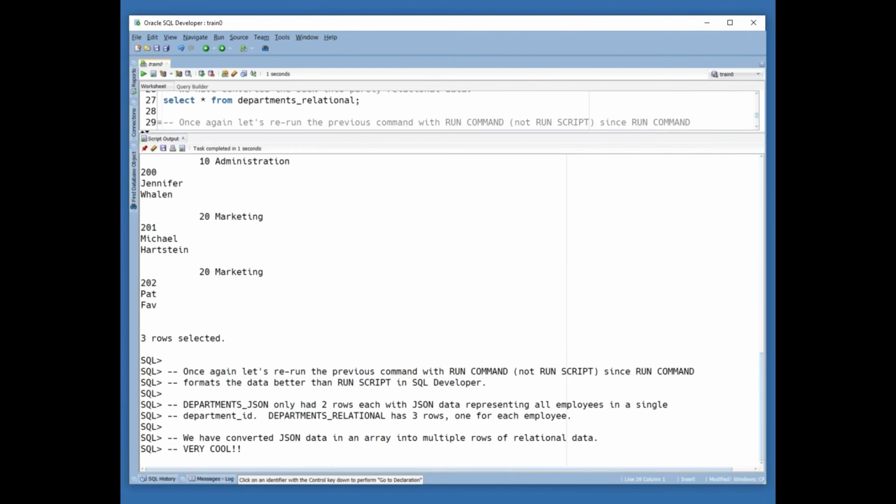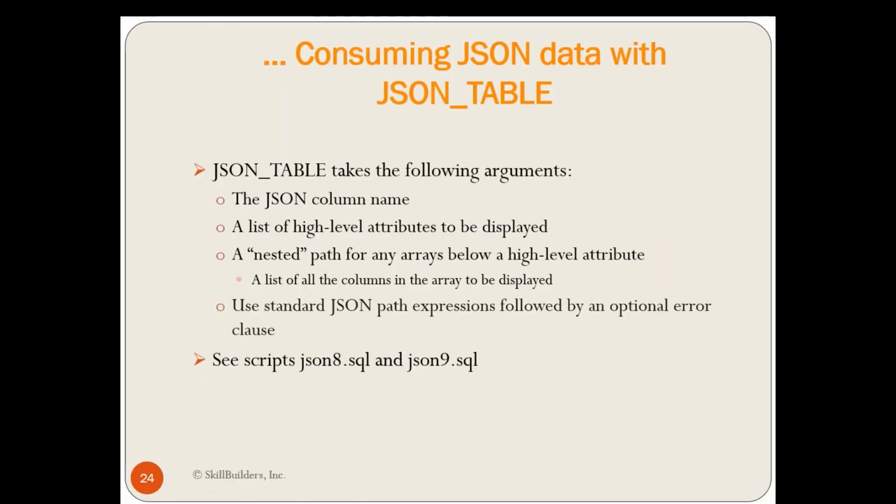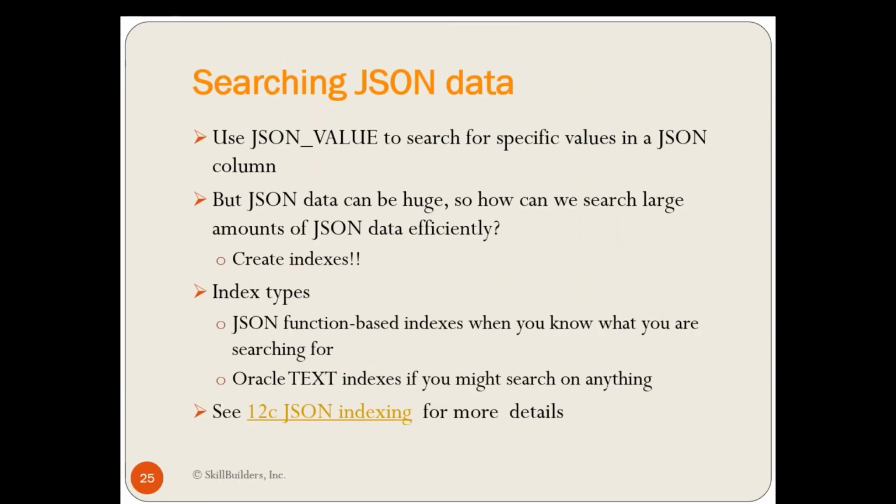Okay. Which brings us to scripts JSON 8 and 9. You might be thinking, well, this is really nice, but what if I have a lot of JSON data, many rows and arrays, searching that array, how am I going to do that efficiently? Well, Oracle provides indexes on JSON data.